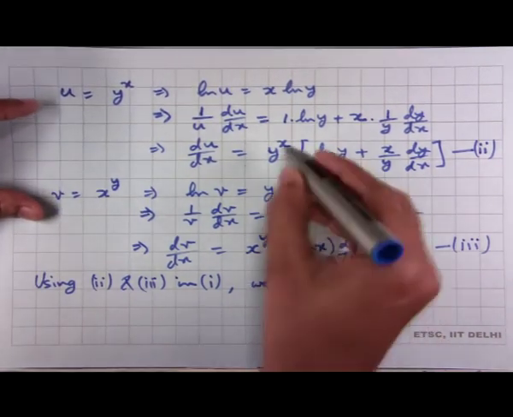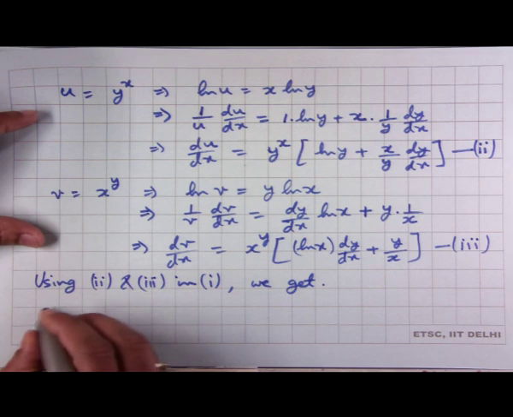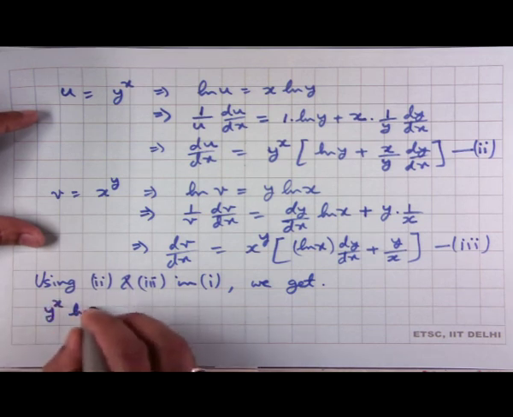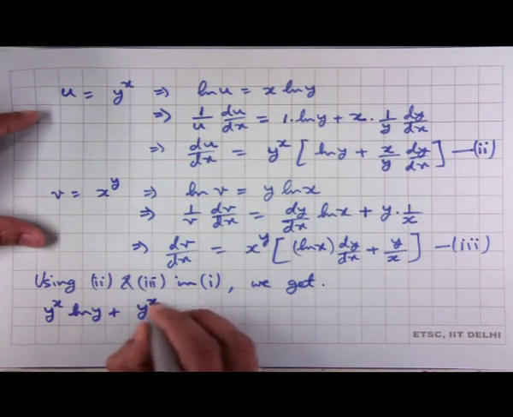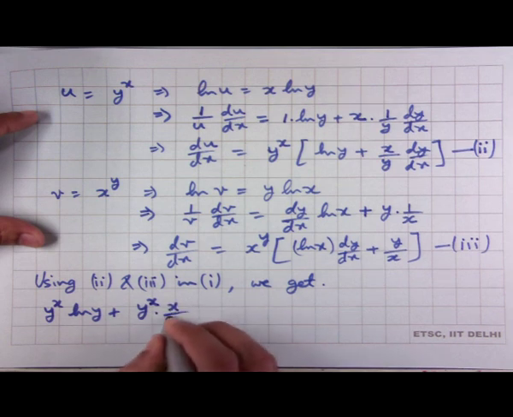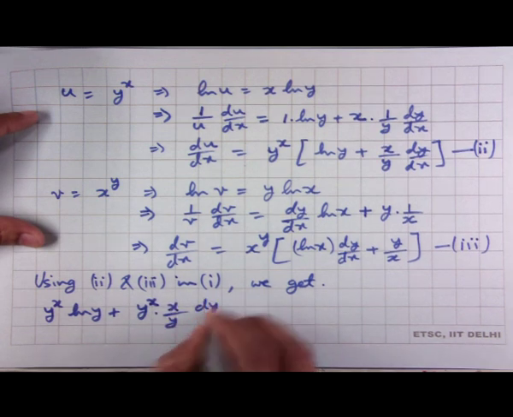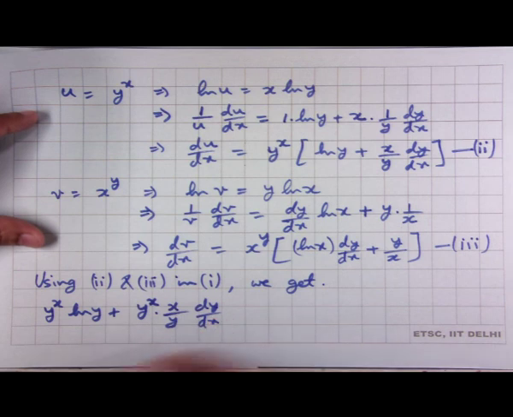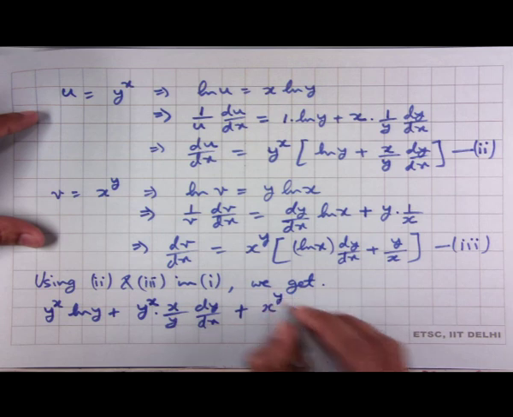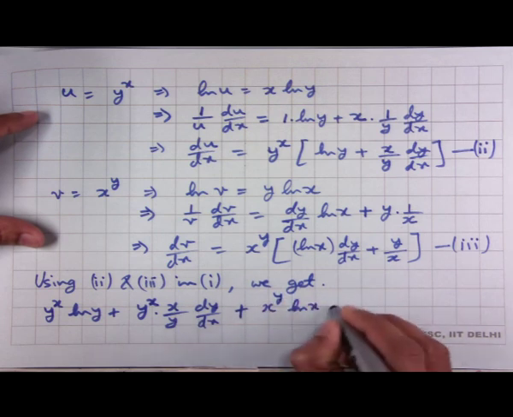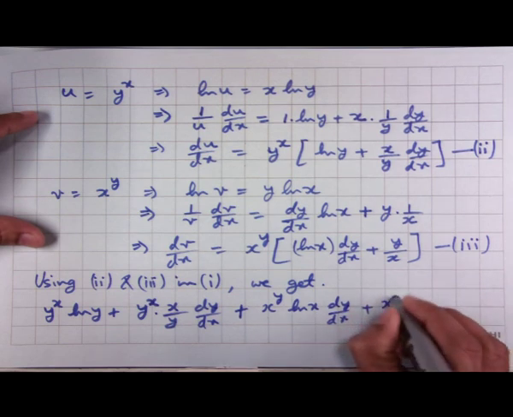We get y to the x ln y plus y to the x times x by y dy/dx. This is du/dx plus dv/dx, which gives me x to the y ln x dy/dx plus x to the y times y by x.